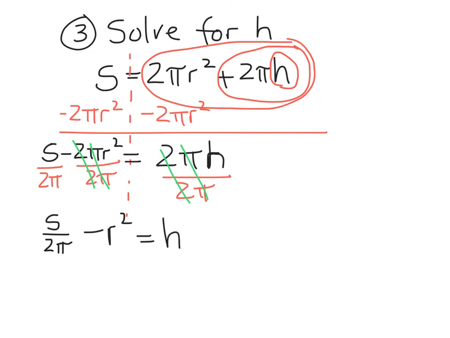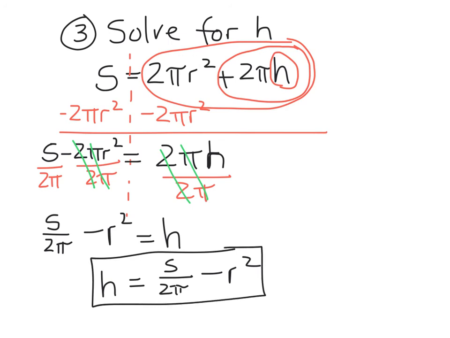Alright, there's not really a correct order for this one, so let's just put h equals s over 2 pi r minus r. Wow, is that ugly or what? That's your final solution.